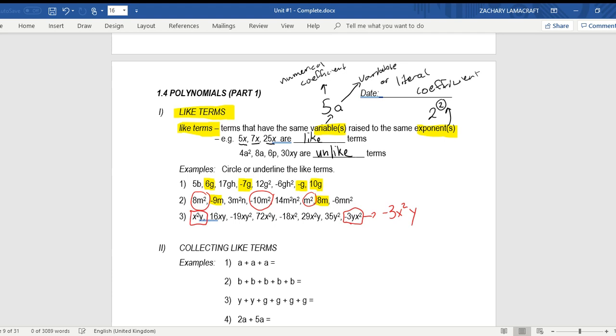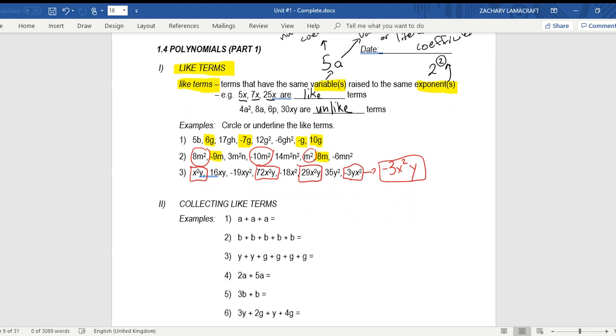I saw there was an x squared y. I see there's another x squared y and another one right here and one more at the end there. Now, we have an xy, but we don't have any others. We have an xy squared, but we don't have any others. We have an x squared, and we have a 35y squared. So none of those are like other than the ones that I just did there for us, okay?